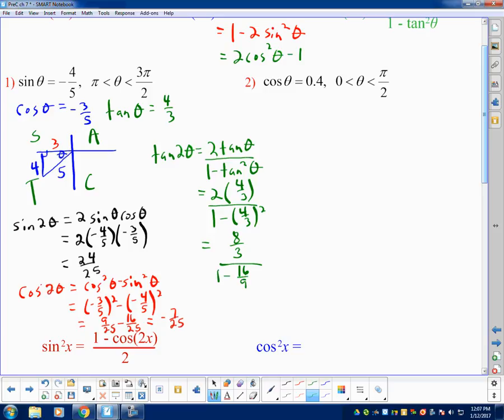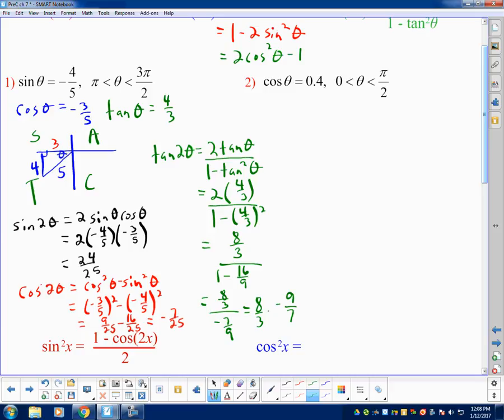16/9. So that's 8/3 over 9/9 minus 16/9 is negative 7/9, and then that equals 8/3 times negative 9/7.